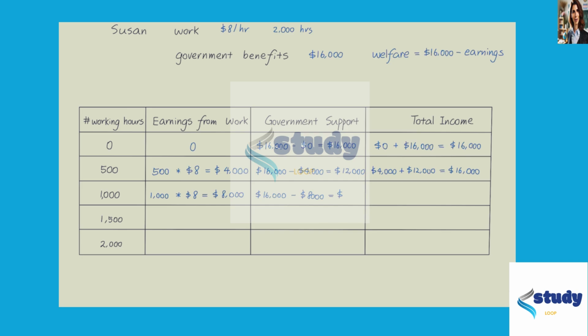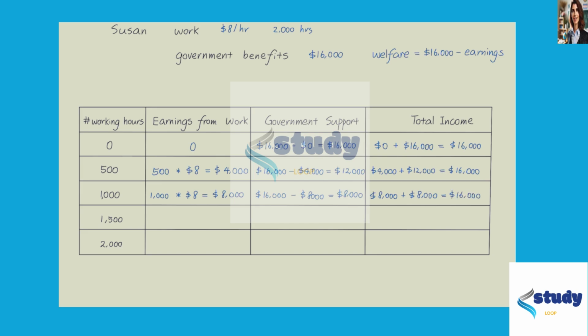That gives us $8,000. And her total income will be $8,000 from her earnings plus the $8,000 from the government support. And that gives us $16,000 of total income.